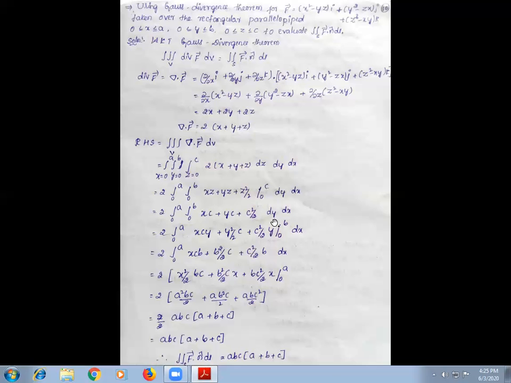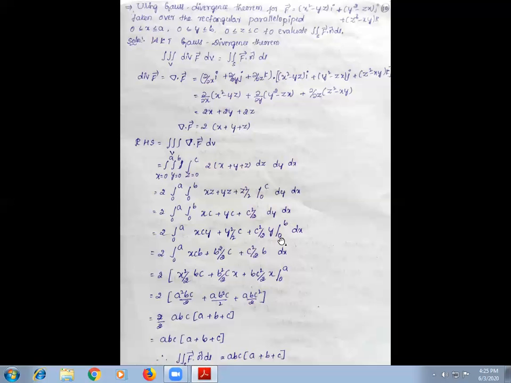Next, integrating with respect to y. xc is a constant with respect to y, so it becomes xcy, plus c times the integration of y, which is y²/2, plus c²/2 is a constant with respect to y, so it becomes y, between the limits 0 to b, with respect to x.